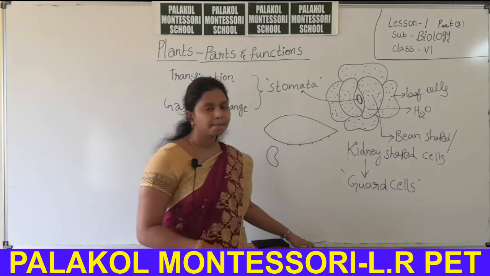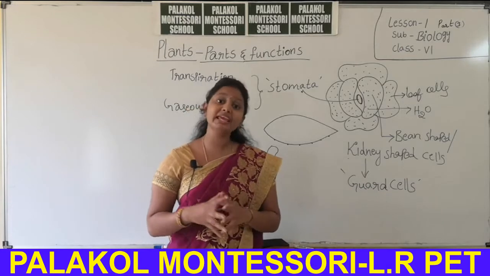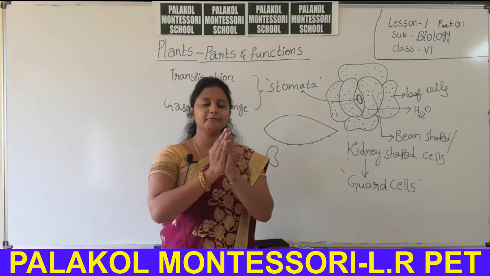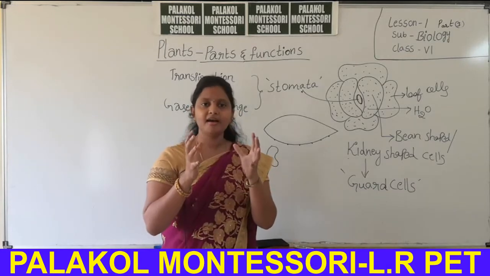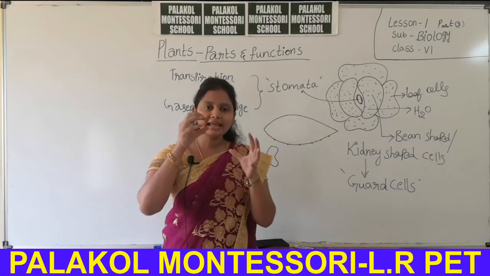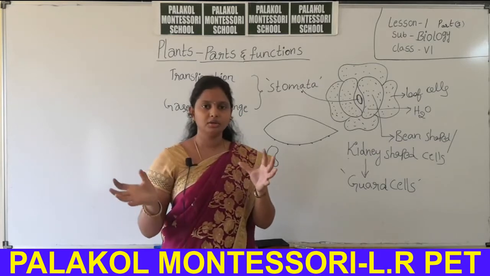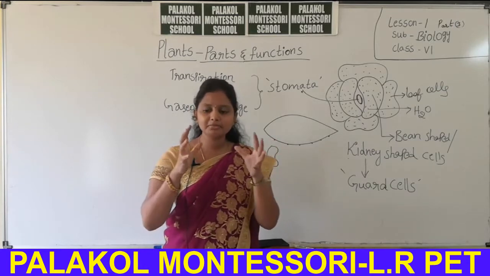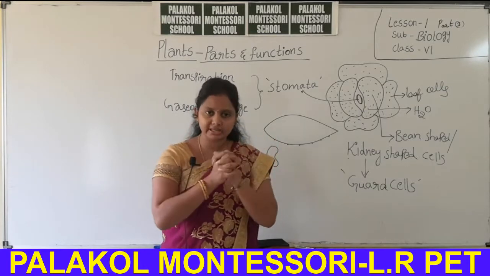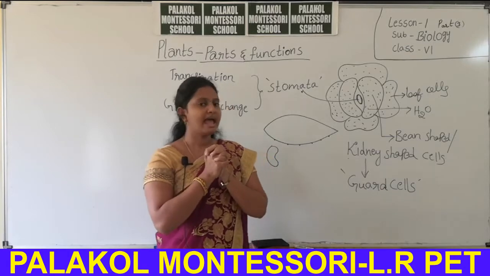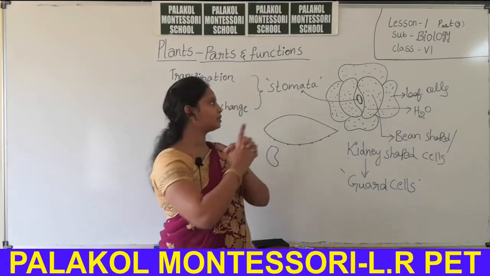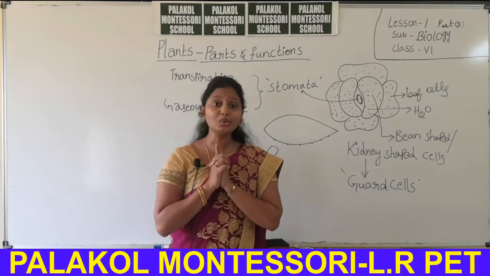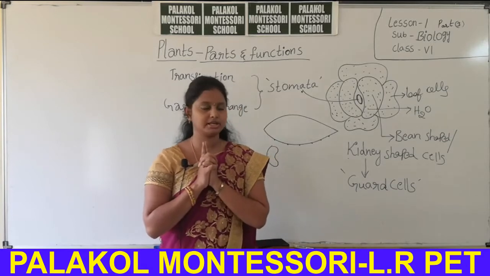Turgid means, like a balloon having air inside it, the balloon becomes turgid or swollen. If the air is lost, then the balloon shrinks. In the same manner, here also guard cells act like balloon-like structures.